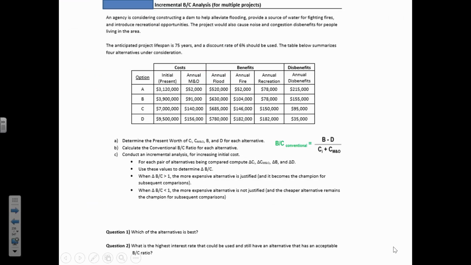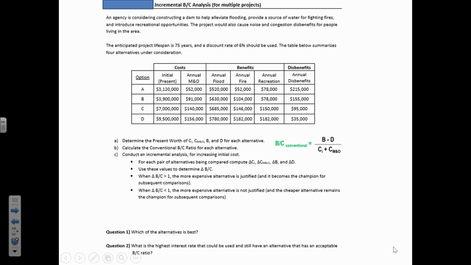What we're doing is we're comparing 4 different options for flood control. And we know the cost of each option, the incremental cost. We know the incremental benefits and disbenefits. In fact, there are 3 different categories of benefits.